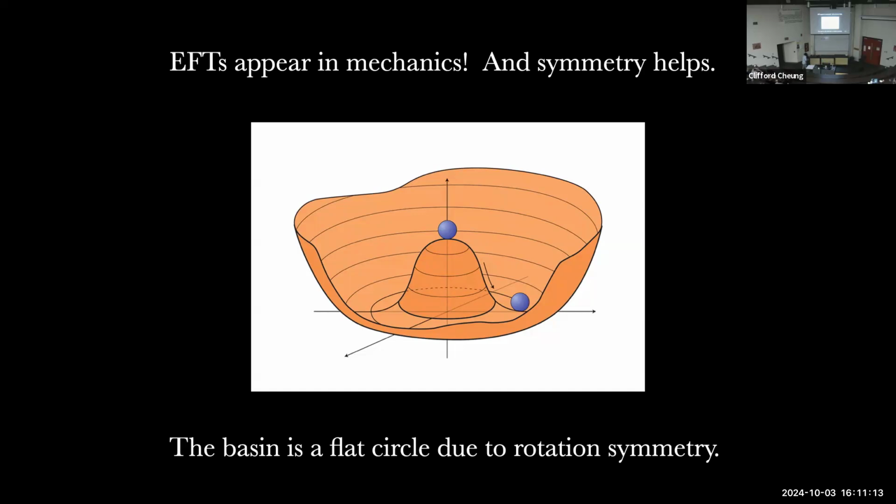Now, crucially, there are properties of the full theory that are still encoded at low energies. In particular, because this wine bottle is cylindrically symmetric, that is precisely why this basin is a circle. That circle encodes the original cylindrical symmetry of the system. So effective field theories know about symmetries, at least in nice cases like this.